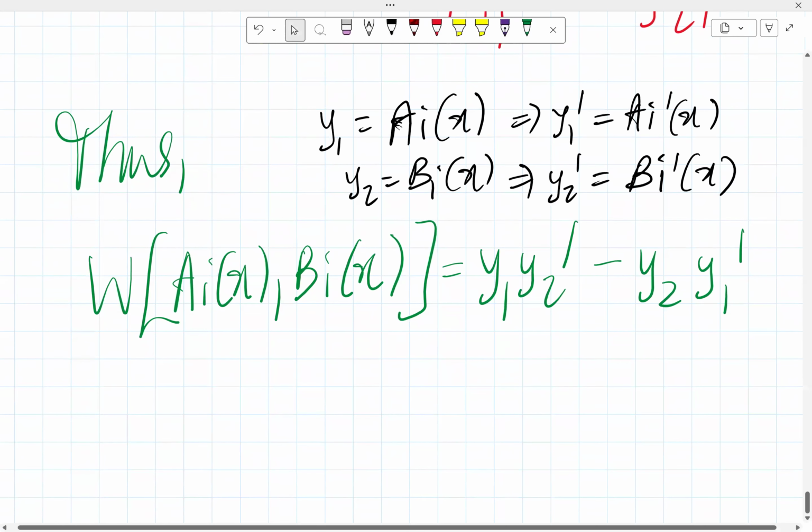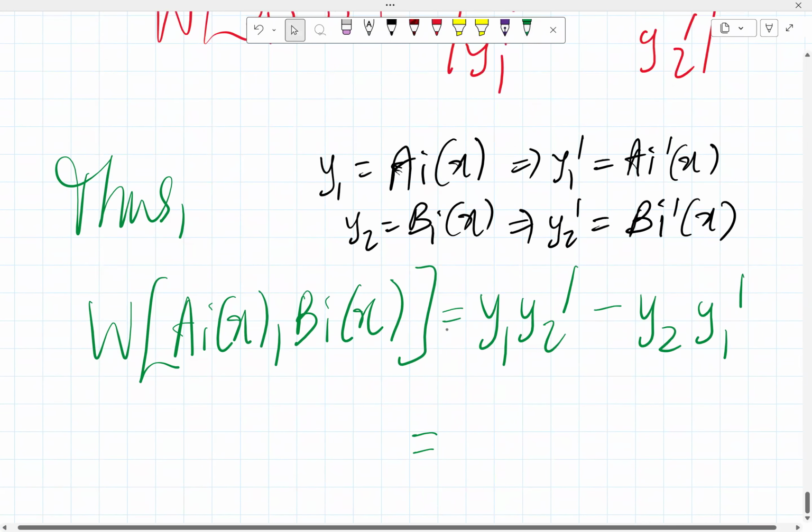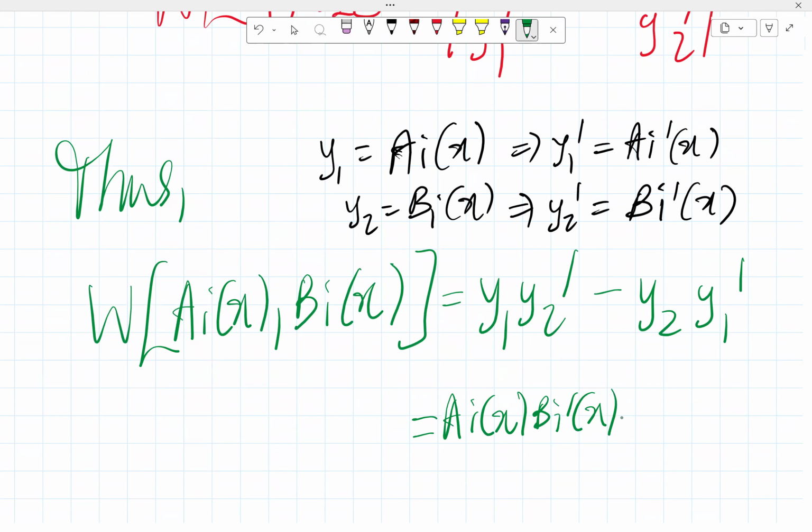So in that case, the Wronskian would be y1, that's Ai of x, times y2 prime, that is Bi prime of x, minus y2, now Bi of x, times y1 prime, which is Ai prime of x.